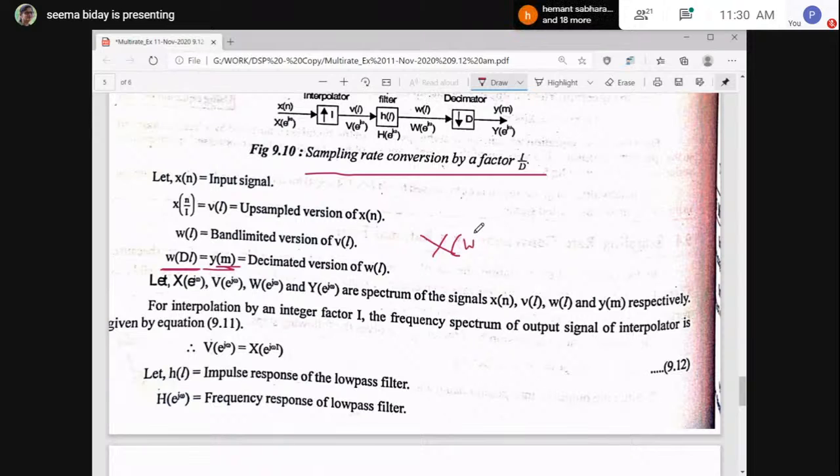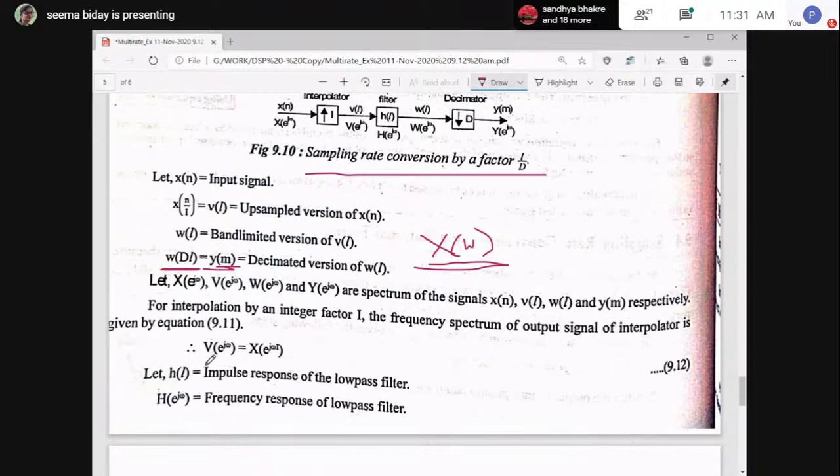So whenever you are representing in the frequency domain, write capital X, either X of omega or X of e to the power j omega. Now let us see step by step what the effect is.